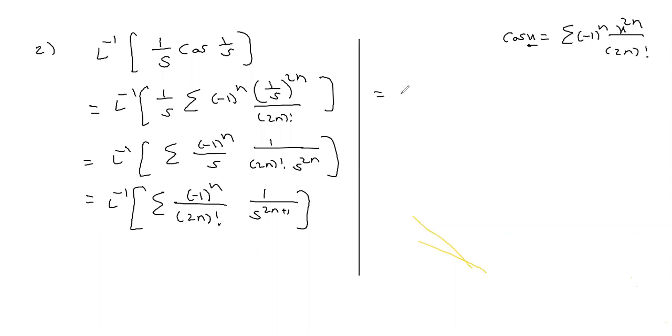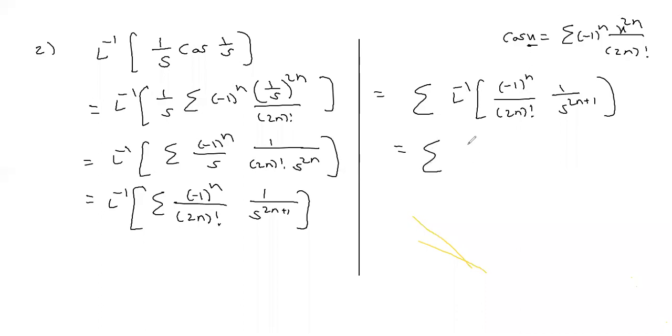So I can write this as summation of L inverse of minus 1 whole power n by 2n factorial into 1 by s power 2n plus 1. Now this minus 1 whole power n by 2n factorial is a constant. Can I bring this outside the L inverse? Okay, so this is minus 1 whole power n by 2n factorial into L inverse of 1 by s power 2n plus 1.